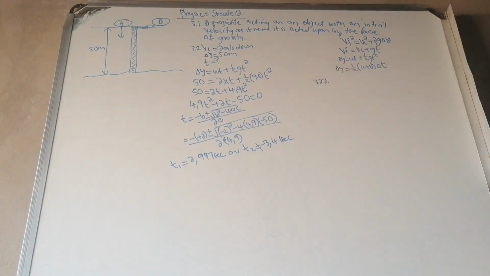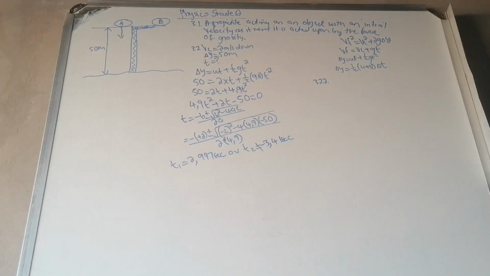In 3.2.2 they say the initial velocity of stone B, and we can go back there. They said after 1 sec the second stone is thrown at an unknown velocity. Both A and B reach the water surface of the pool at the same time.